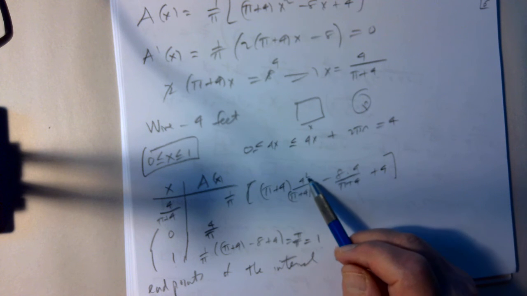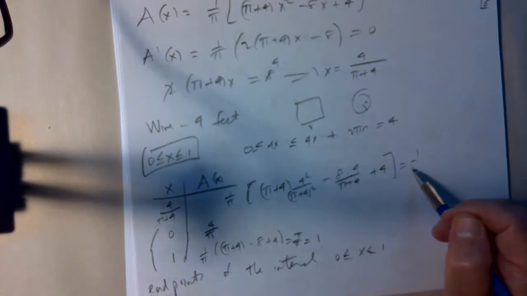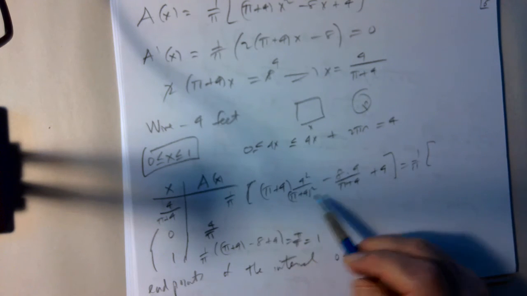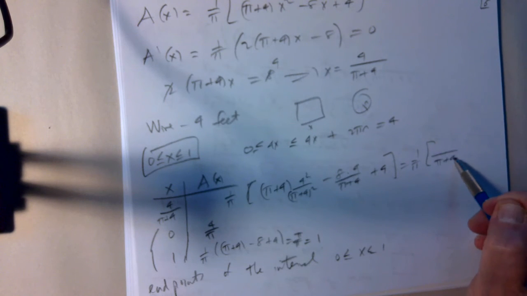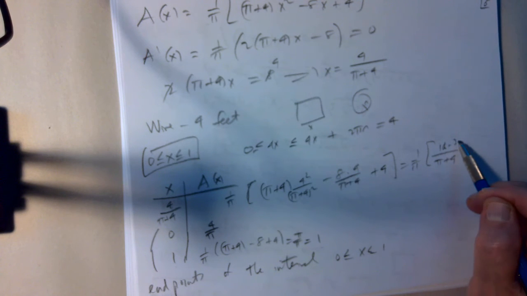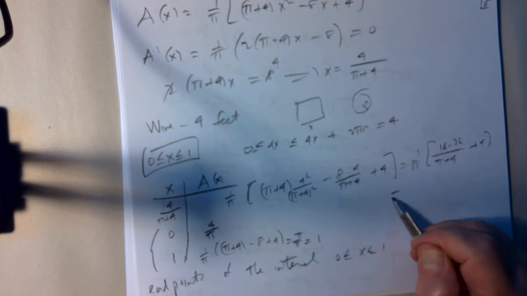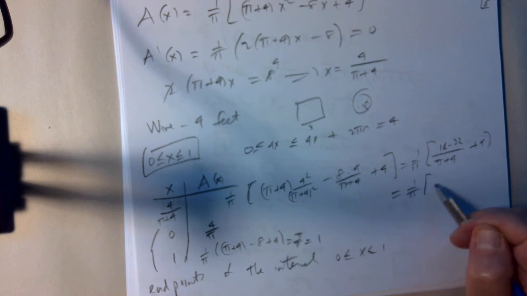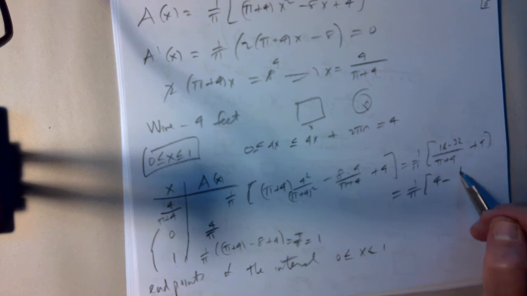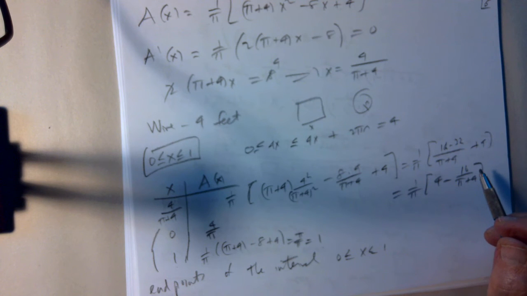So this is 16. This cancels one of those. This is pi plus 4. I get 16 minus 32 over pi plus 4, plus 4. So that's 1 over pi, 4 minus 16 over pi plus 4.